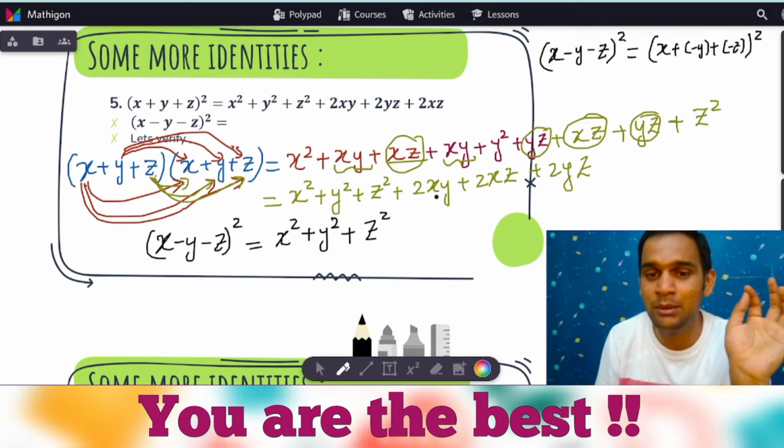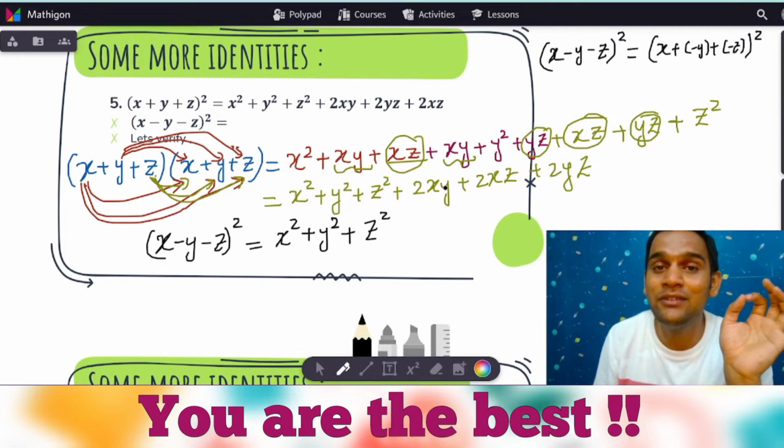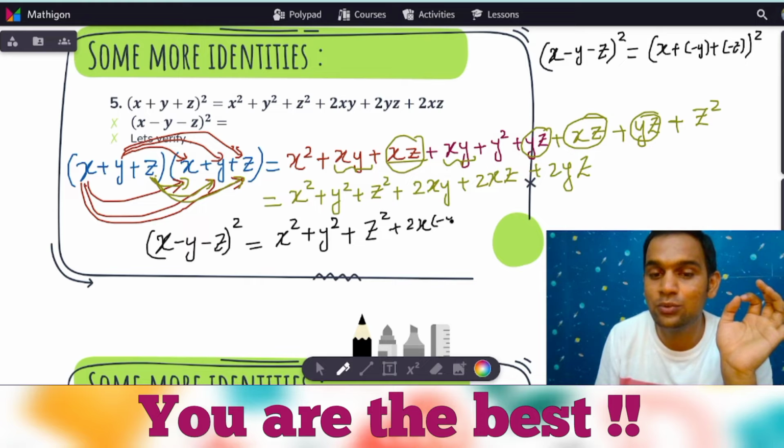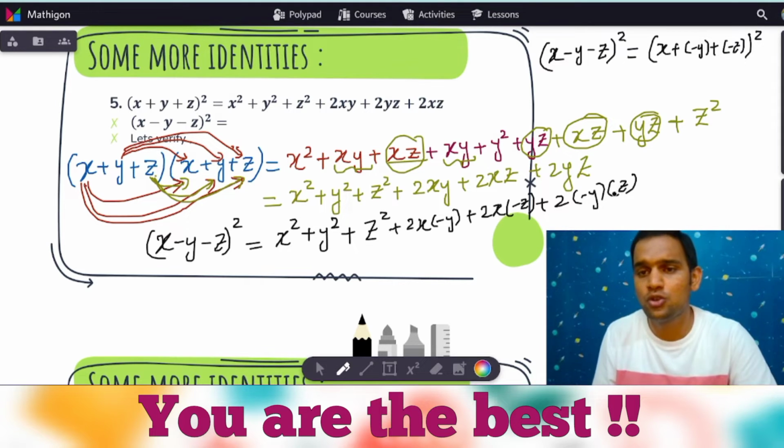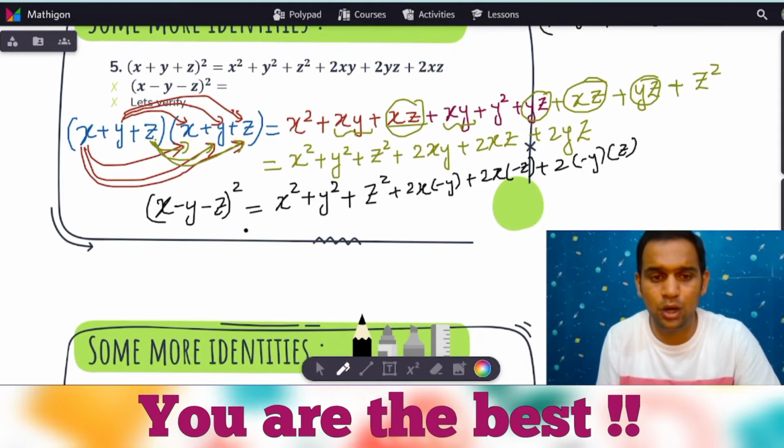Now coming on here, instead of y we are substituting minus y, so 2x times minus y plus 2x, and instead of z we are substituting minus z, plus 2 instead of y minus y, instead of z minus z. I hope so far it's making a lot of sense to you all.